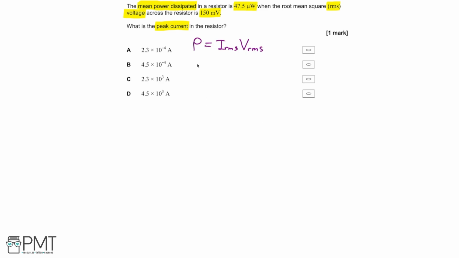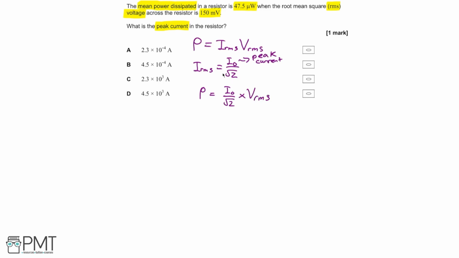However, we now wish to relate the RMS current to the peak current, which we can do with the equation from the datasheet. IRMS is equal to I0, which is the peak current, divided by the square root of 2. Therefore, we can rewrite this equation as P is equal to I0 divided by square root of 2 multiplied by VRMS.